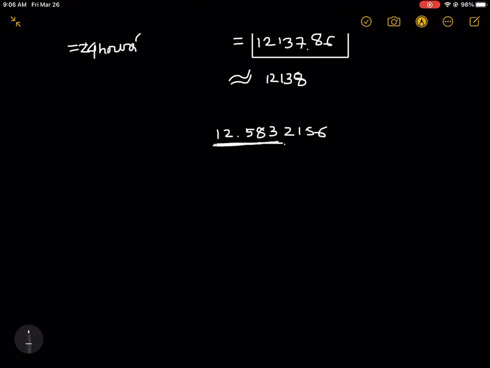Since it's a population, we'll try to round it to the nearest whole number, right? So if you do this and round it to the nearest whole number, you'll get full credit for it.